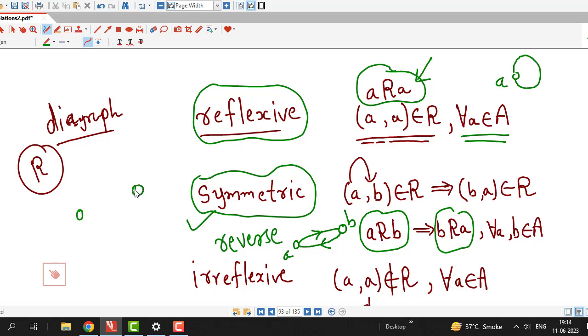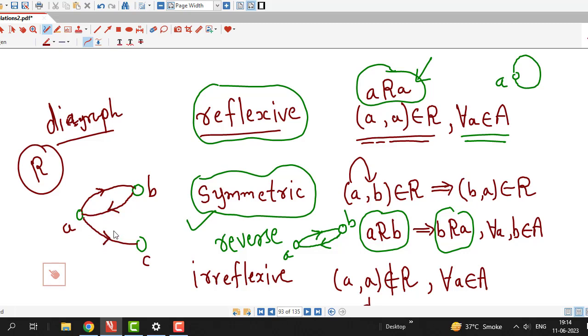For example, suppose I consider these three vertices, and suppose I have these three elements in the given set, and suppose a is related to b, a is related to c, and b is not related to c. If this relation is symmetric, then since a is related to b, I must have a reverse edge between b and a.